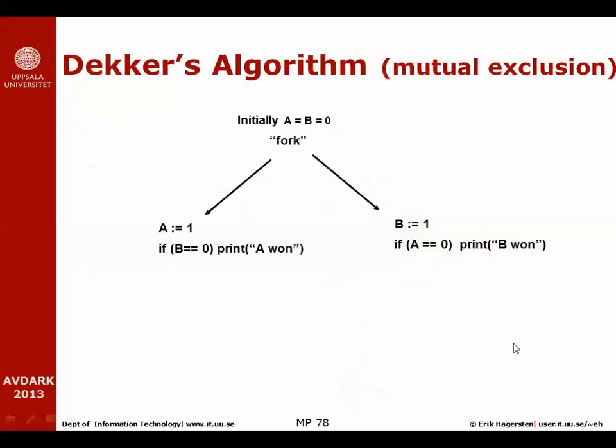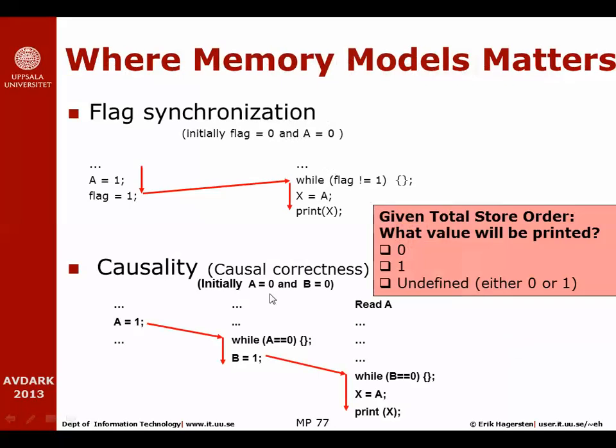Once more, there is a global order between stores, which means that if this node in the middle has observed that A has changed value, and that observation they did right there, after which it performs a store operation, then this store operation must be ordered after the observation of the store to A. So now it's been determined the global store order between A and B is that A happened before B. That means that since we can observe that B happened with the while statement here, A must also have happened.